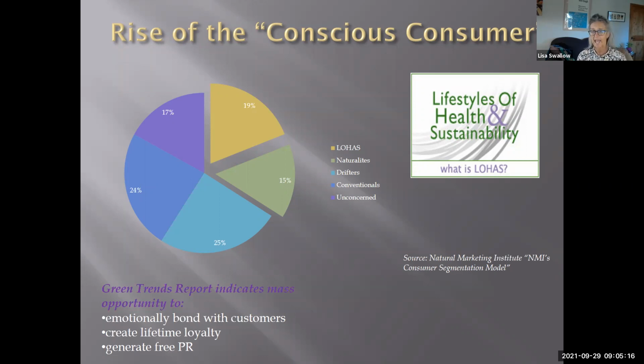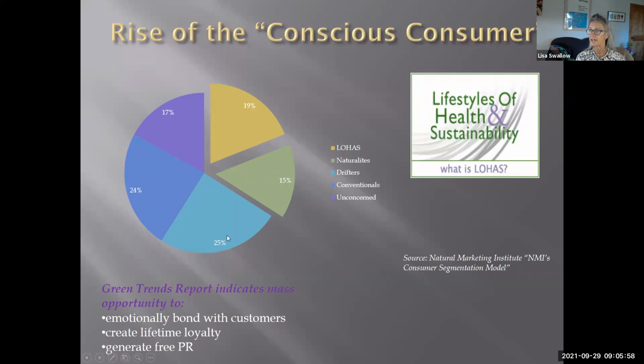If the attributes you're looking at are, well, gosh, I don't want it to be in a disposable container, or I don't want my dog or cat to have pesticides when she has her meal, or I don't want my baby to have any chemicals in her shampoo or body wash, that is being a LOHAS consumer. You're using the attribute of healthfulness or sustainability to make your purchasing decision. And they say that describes about 70 to 80 million of us in America.